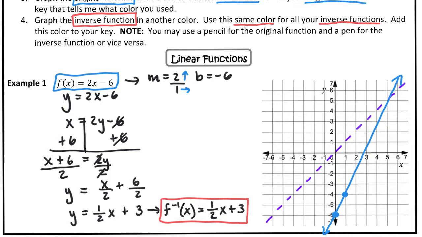Now let's graph the inverse. So the inverse tells me a couple of things. Up here it tells me that the slope is 1/2 and the y-intercept is 3. So the slope tells me to go up 1 to the right 2. But my starting point is going to be at 3. So I'm going to put my first point at 3.